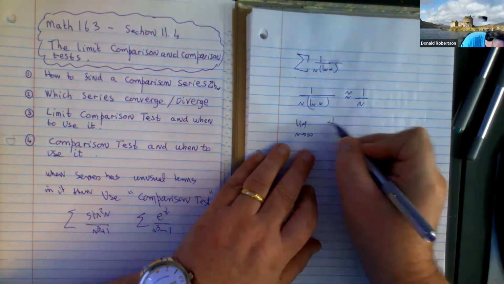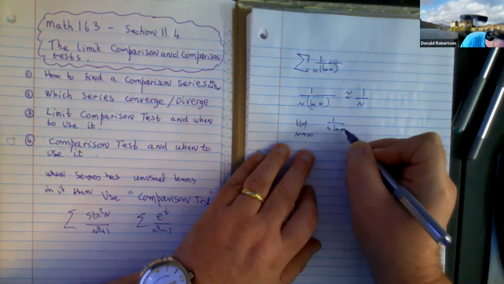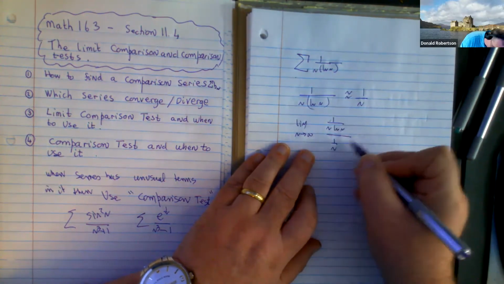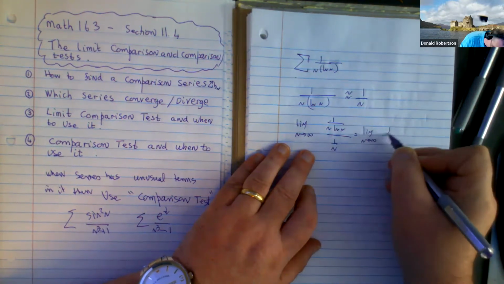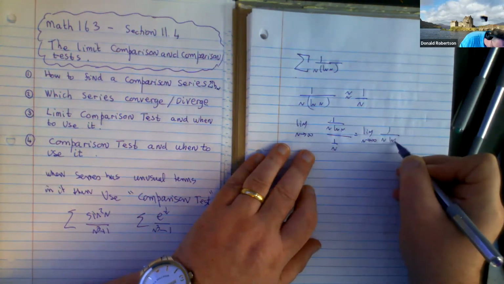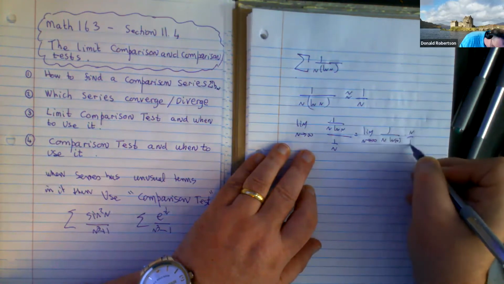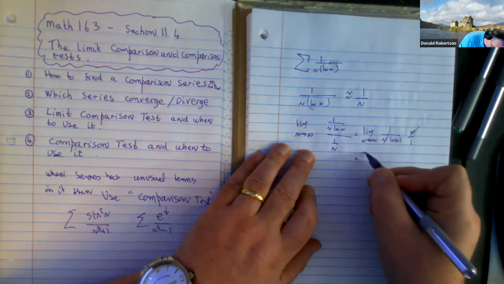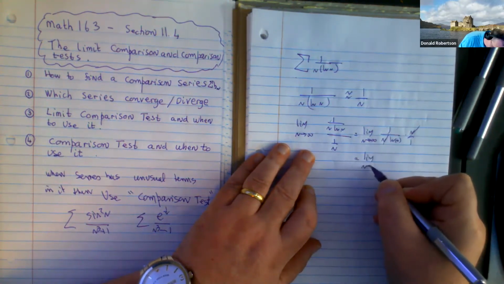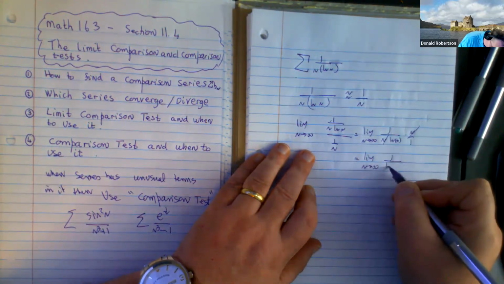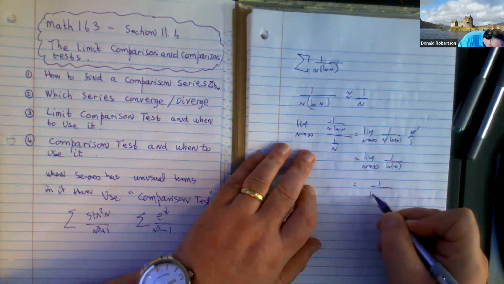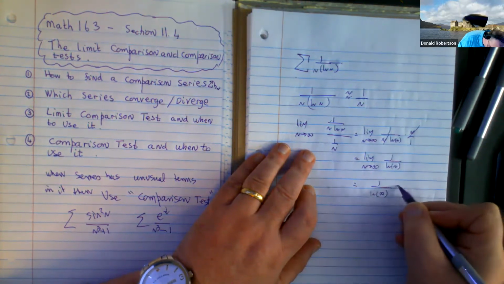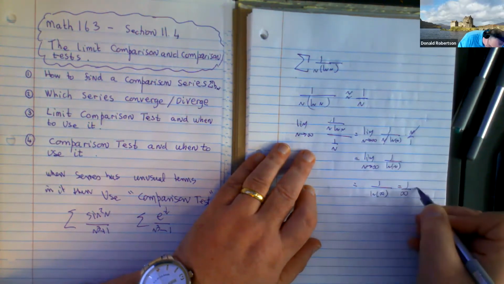Well, an is this scalar, and bn is that. The n's cancel, and I end up with, if you brute force this, the log of infinity eventually is infinite, and so that answer is 0.